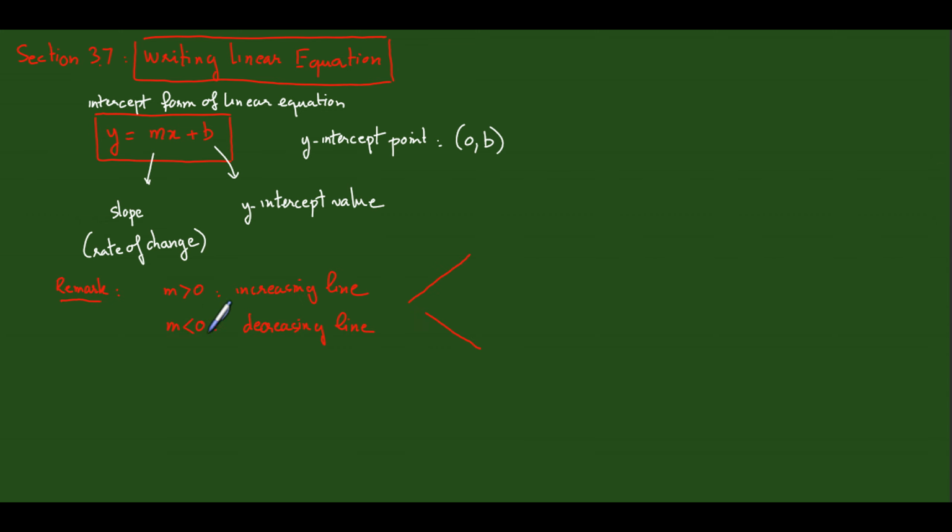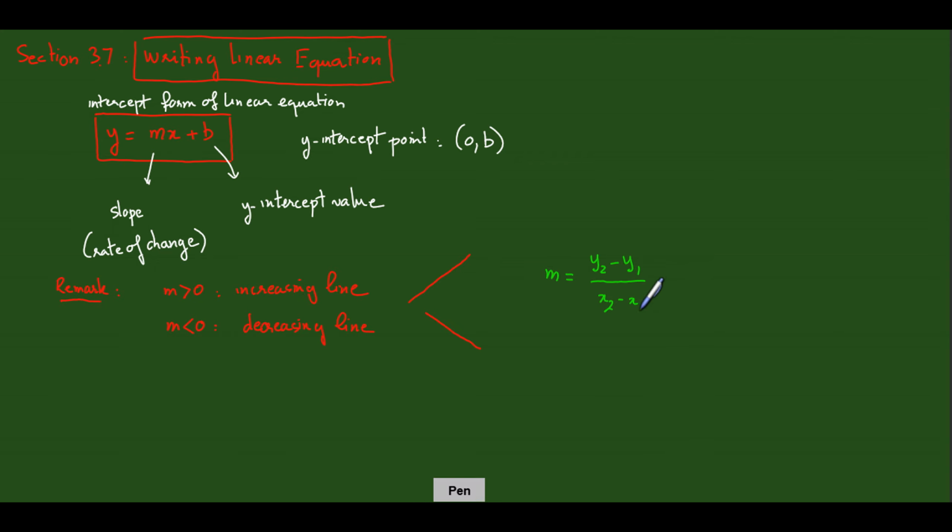It's slanted upward from left to right, and this is slanted downward from left to right. And we already know how to find the slope. Anyone remember the slope formula, right? The rate of change formula will be m equal to y2 minus y1 over x2 minus x1. This is just the change of the dependent variable over the change of the independent variable, because this is x2 minus x1.